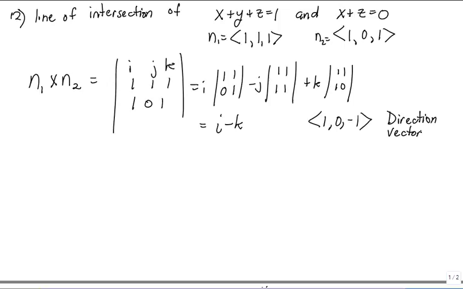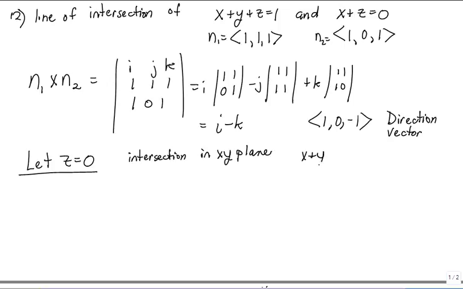Remember, the plane is all points orthogonal to the normal vector. So if we have the normal vectors of these two planes, all the points orthogonal to those are going to be in the plane. So this is going to be our direction vector. If we let z equal 0, we get the point, the intersection in the xy plane.